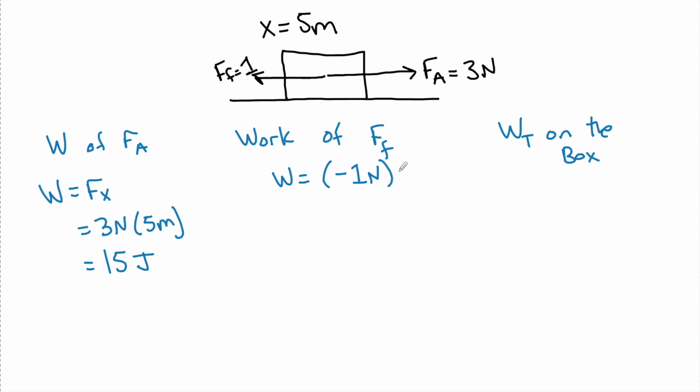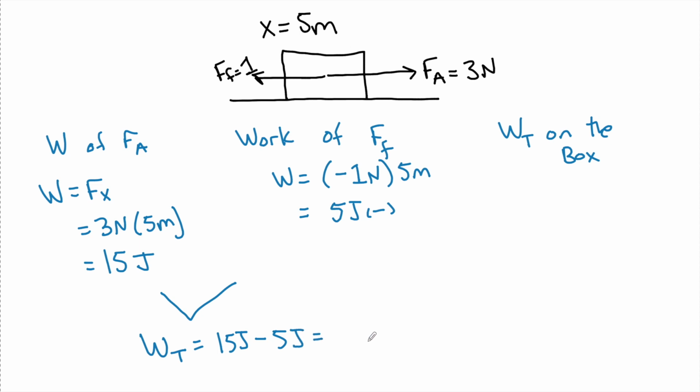Negative 1 times 5 meters. So the work done by this is really 5 joules, but in the negative direction. All right. So if we think about the 2 works of these together, we might hypothesize that the work total is actually going to be 15 joules minus 5 joules, which equals a total of 10 joules.